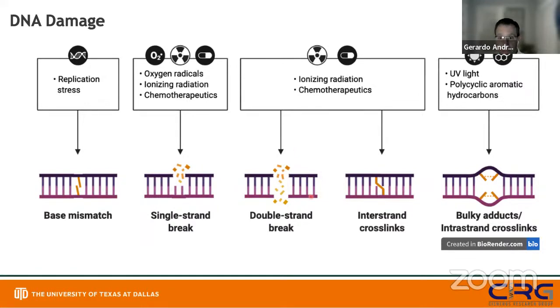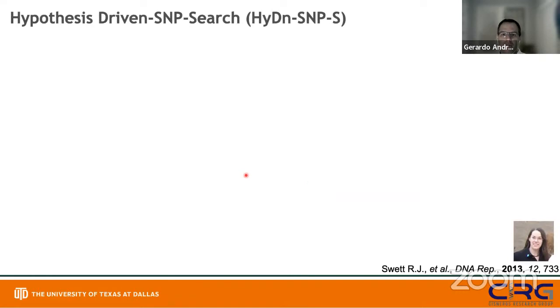Cells have evolved ways to deal with all this damage, and also to replicate across damaged strands, because that's what cells need to do. So one of the things that we were wondering when we started was, what happens if during DNA damage, some of the enzymes that are tasked with fixing DNA don't do it correctly or don't do it faithfully?